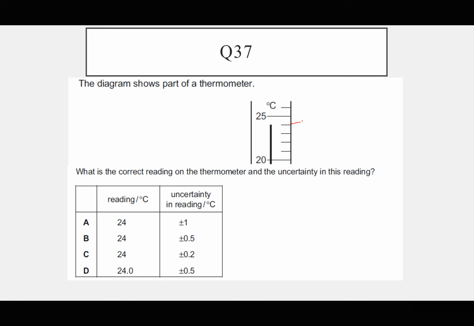So the reading is 24, but the uncertainty in a thermometer is plus or minus 0.5. And since it is half a division, because this is 1 degree, half a division is 0.5. It is 1 decimal place. And remember the uncertainty should have the same number of decimal places as the true value. So you have two choices to choose from, either this one or this one, but the most correct is this one because this is 1 decimal place. This is just a whole number. So the answer will be D.